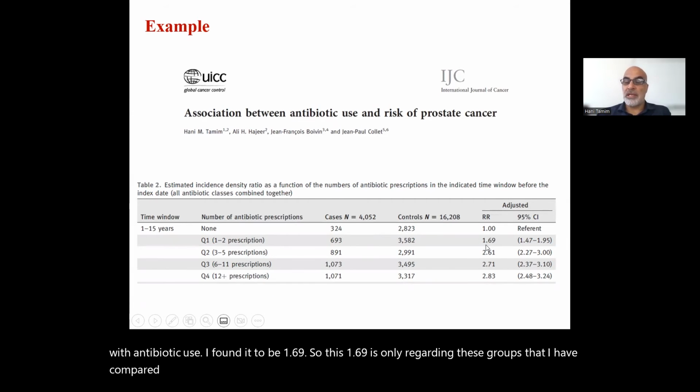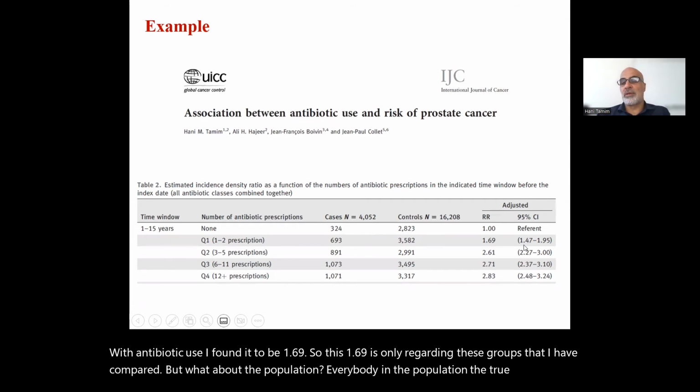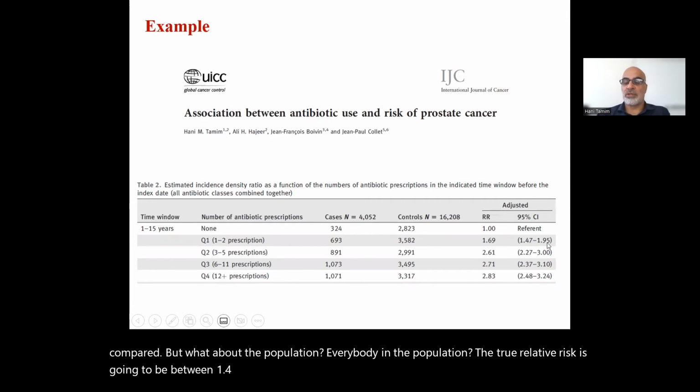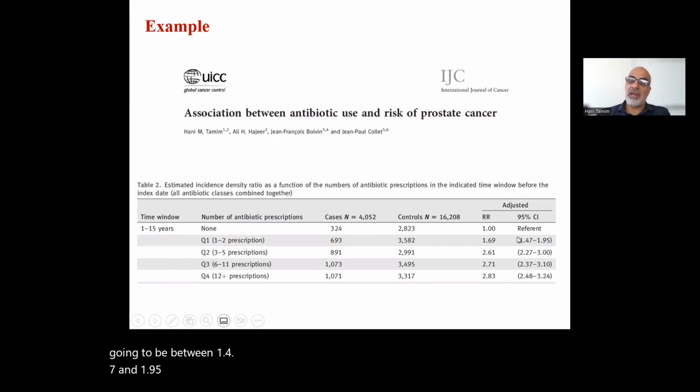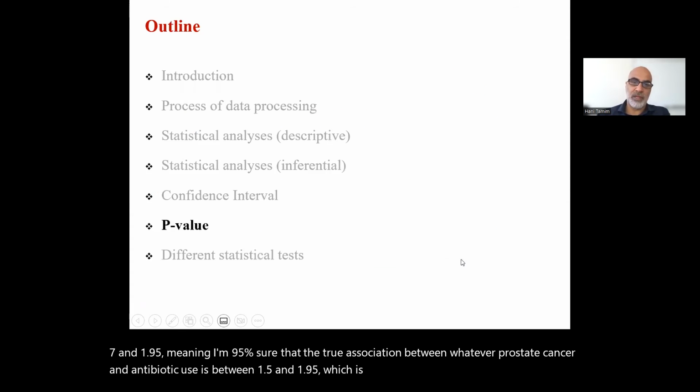But what about everybody in the population? The true relative risk is going to be between 1.47 and 1.95, meaning I'm 95% sure that the true association between prostate cancer and antibiotic use is between 1.5 and 1.95, which is around 2.